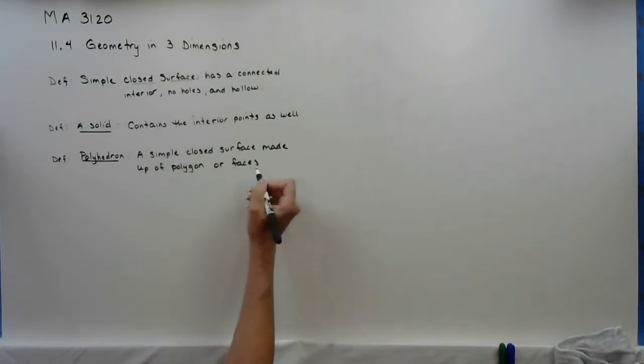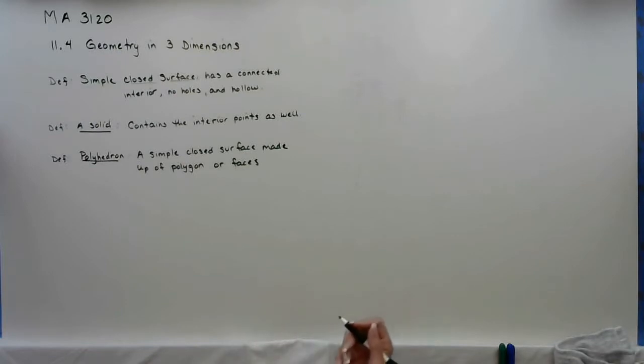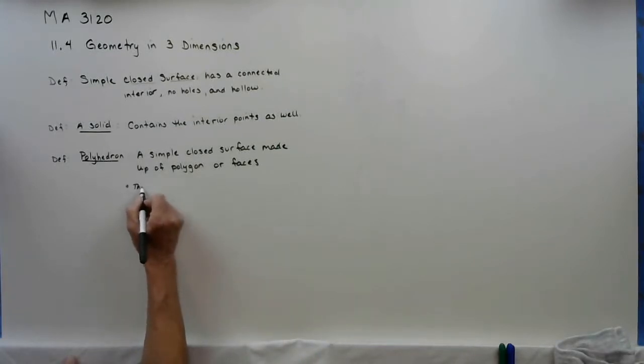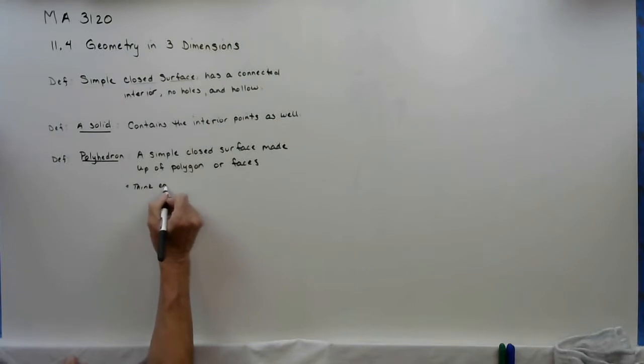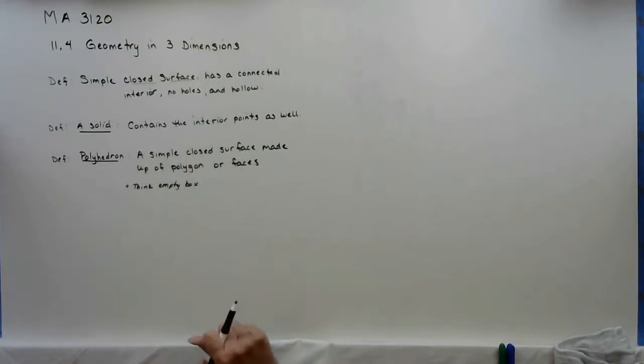Now, one thing about a polyhedron is if it's a simple closed surface, it's hollow. So we want to think of an empty box, okay? Think empty box, because it's got to be hollow.